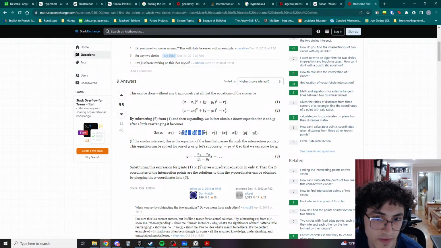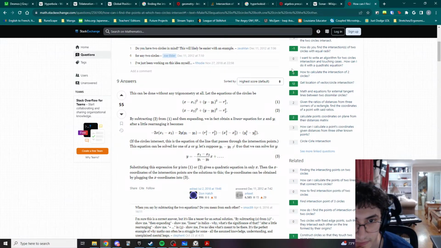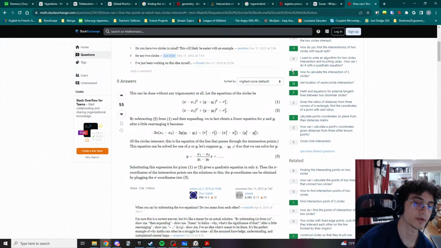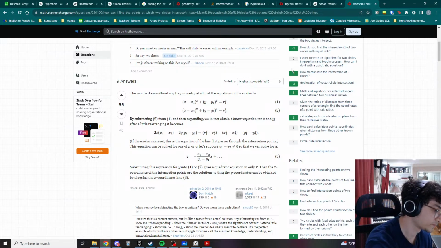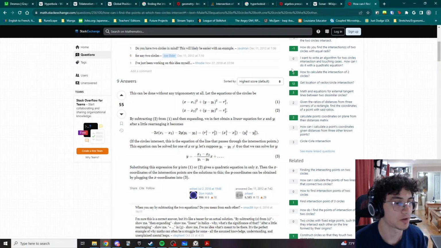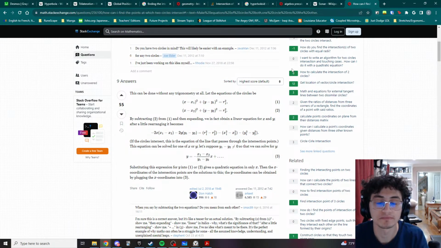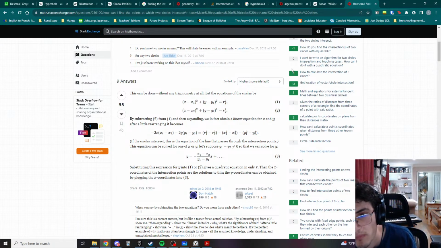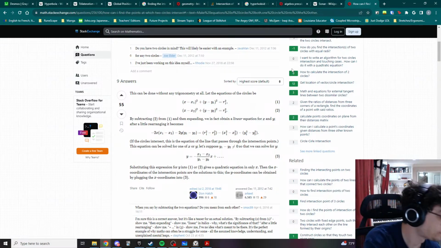And then we'll divide everything by y1 minus y2. Okay. So then, from there, I'll be able to solve for x, assuming that y1 and y2 are not the same. Okay. All right.